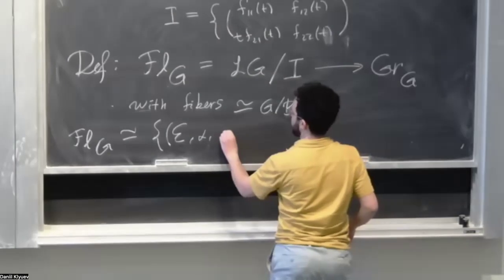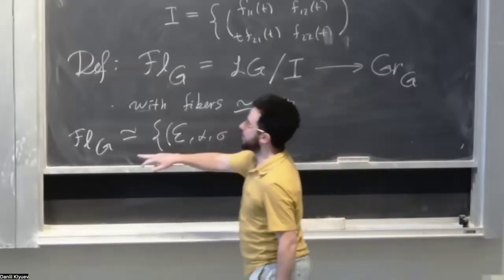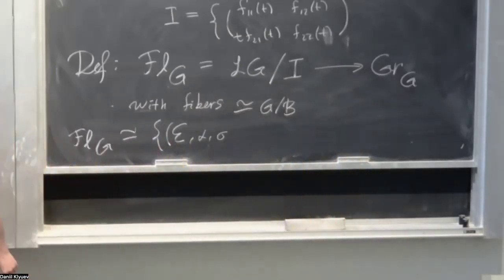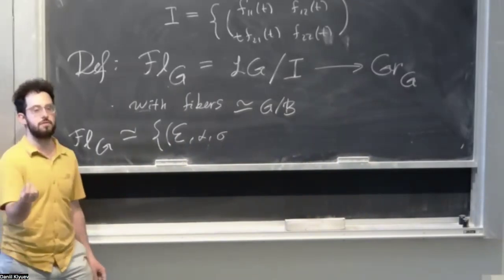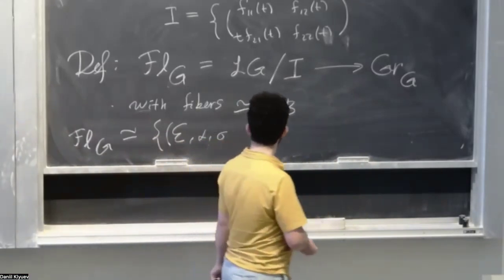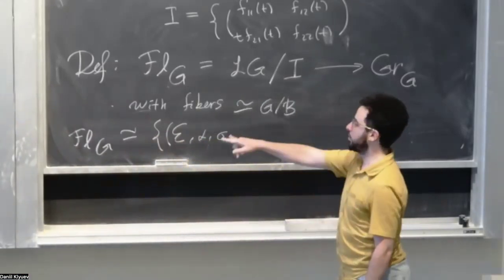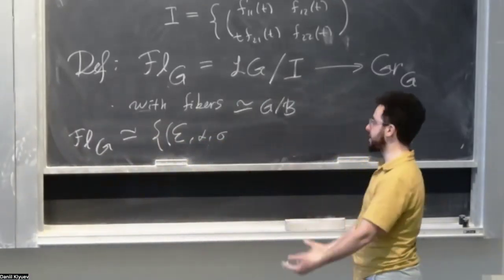But then we also want the condition that at 0 we will be at B. At 0 means restricted to the fiber at 0, and we want our object there to belong to B. So it's a B reduction.